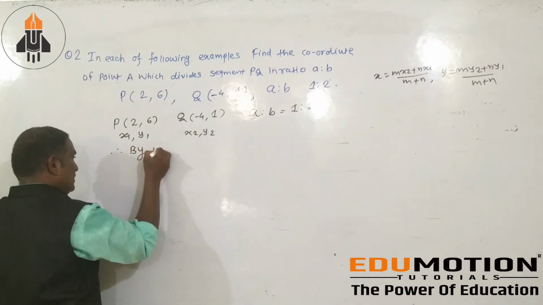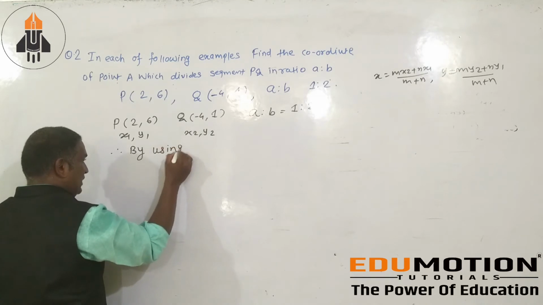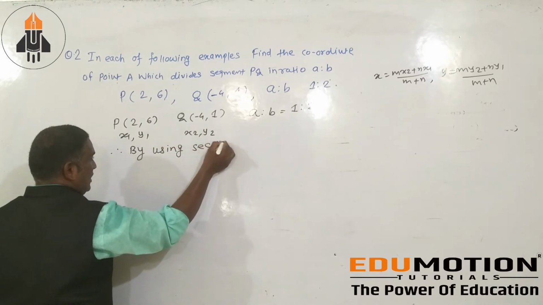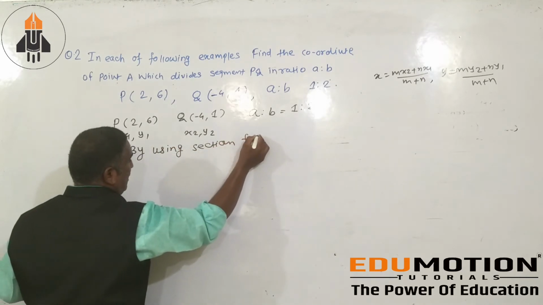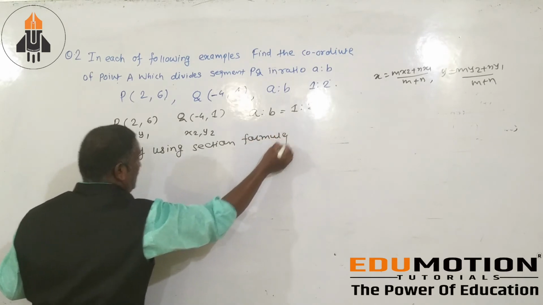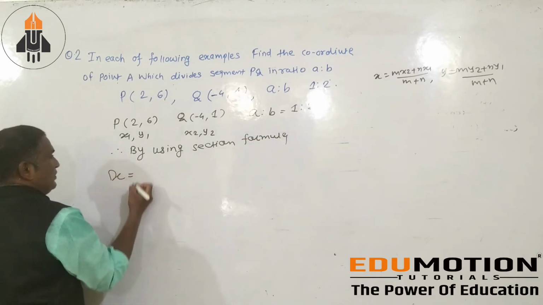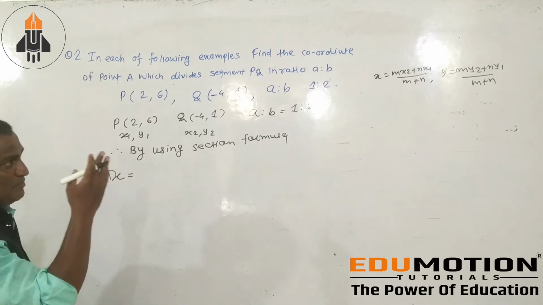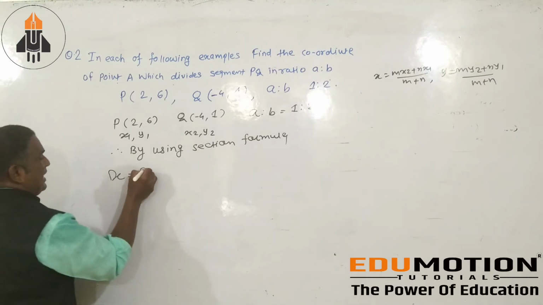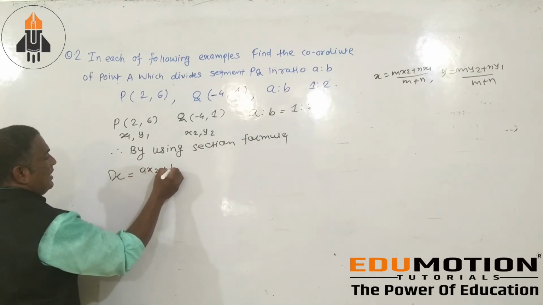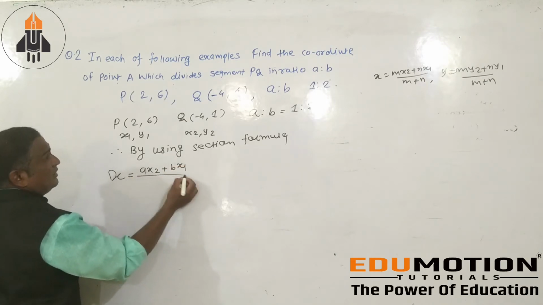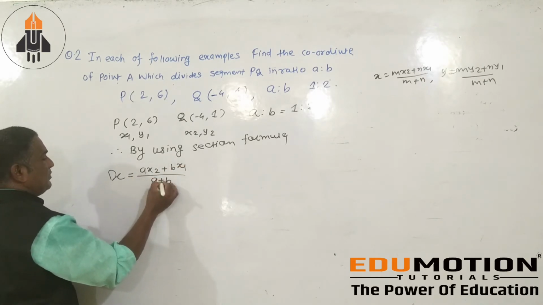By using section formula, for the x coordinate, instead of this m and l we write ax2 plus bx1 divided by a plus b.